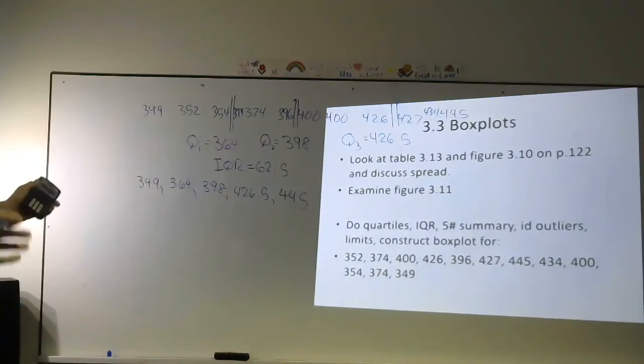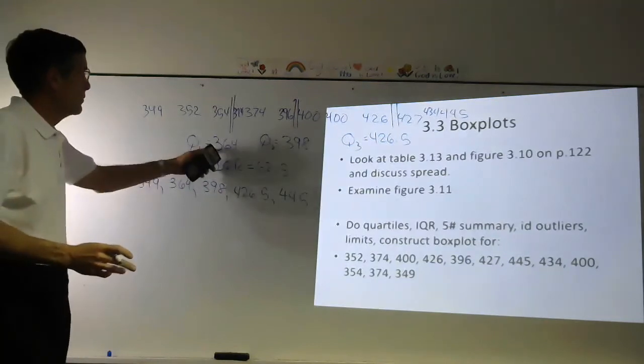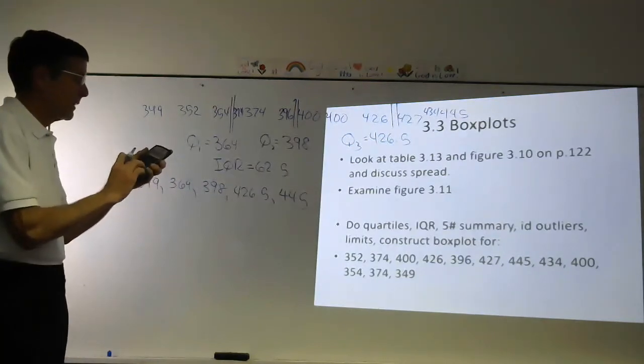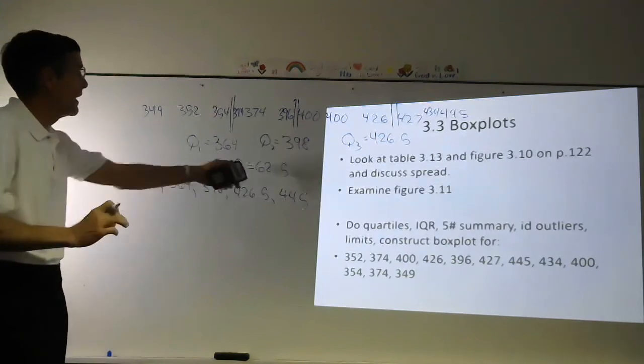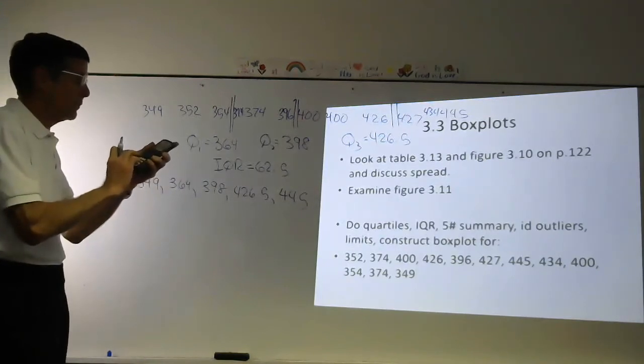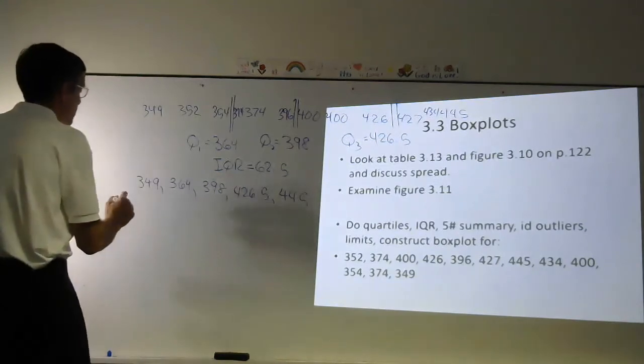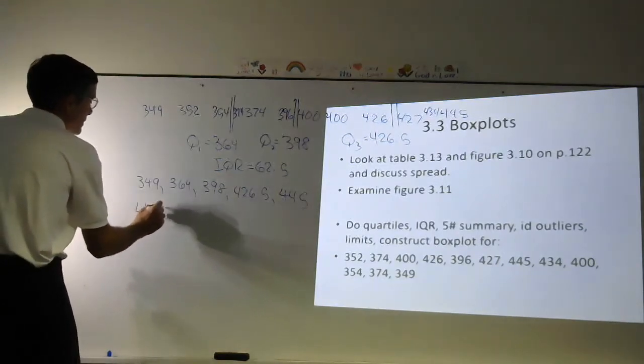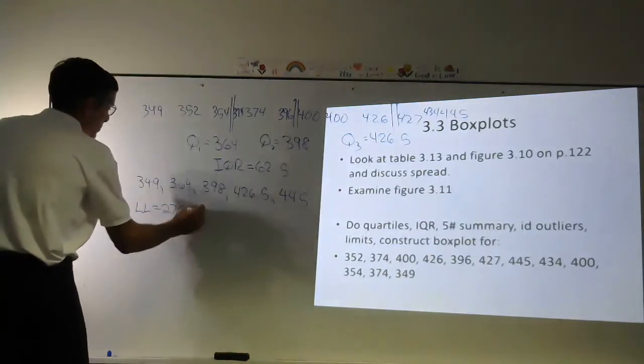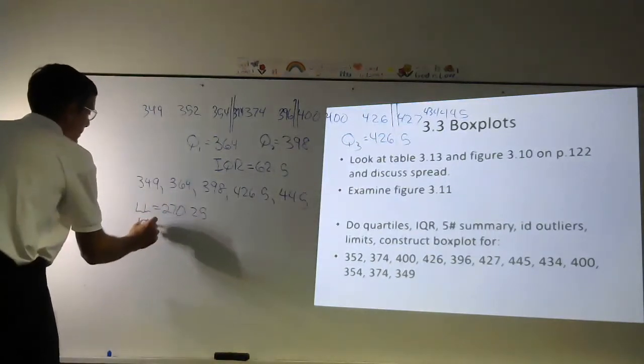Okay, let's check for outliers. For outliers, we want to take Q1, 364, and subtract 1.5 times 62.5. And I get 270.25. The lower limit is 270.25. What about the upper limit?